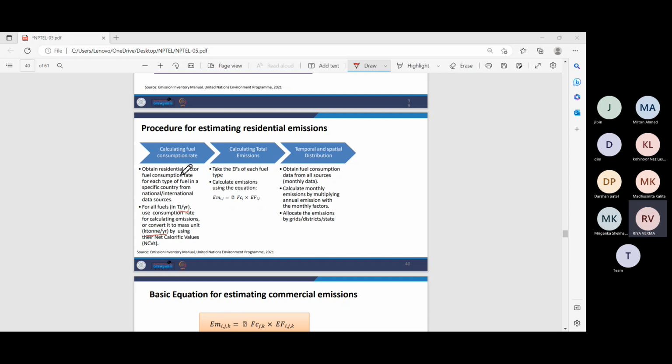So we can calculate the emissions by just multiplying this consumption rate with the emission factors, and after that we can have the temporal and spatial distribution. By this temporal and spatial distribution, we mean the distribution with respect to space and time, like how the emissions are varying at different spaces, and also for the same particular space, how the emissions are varying with time.